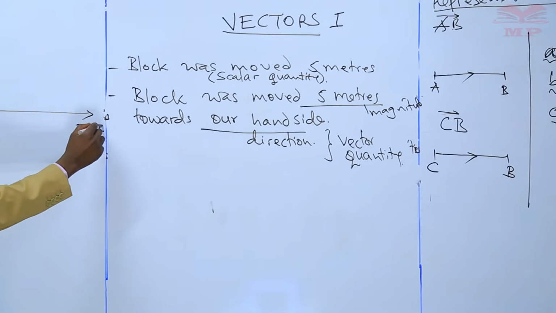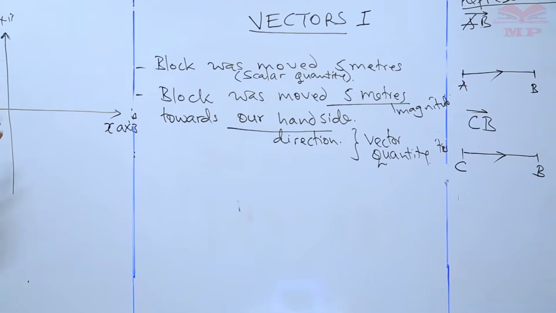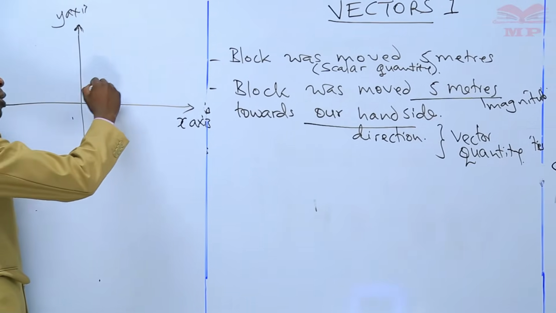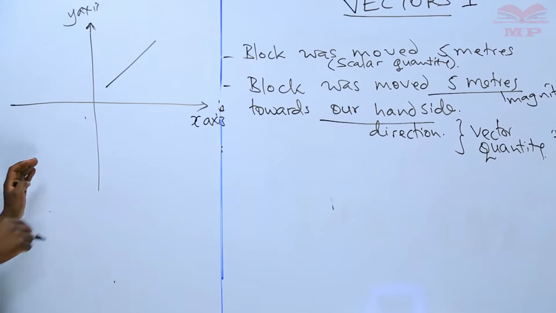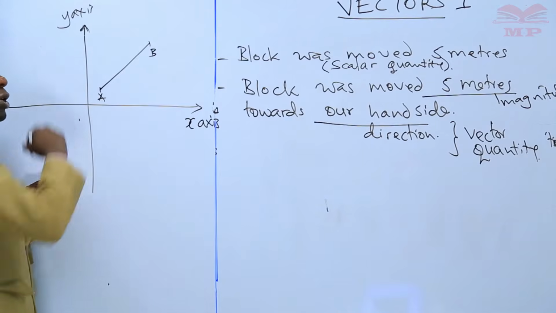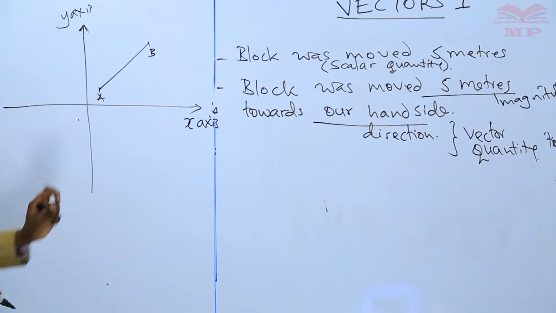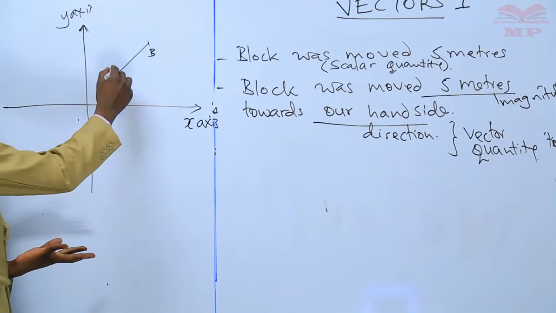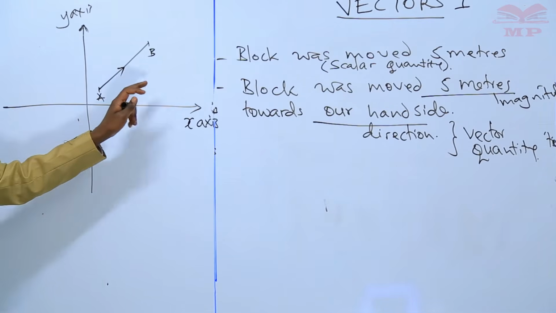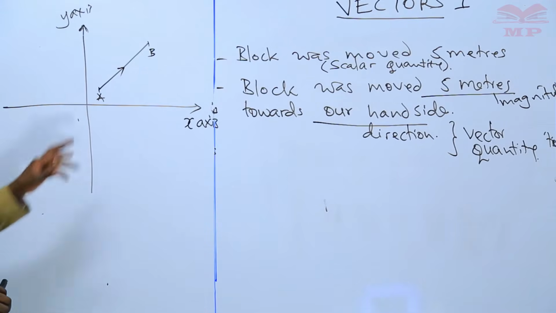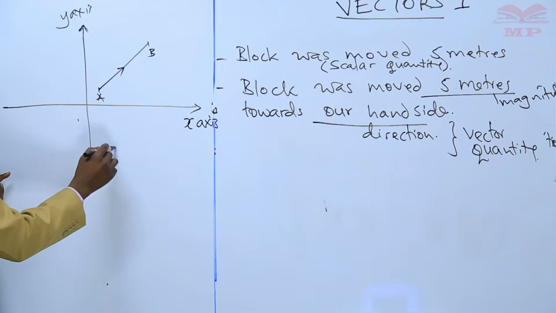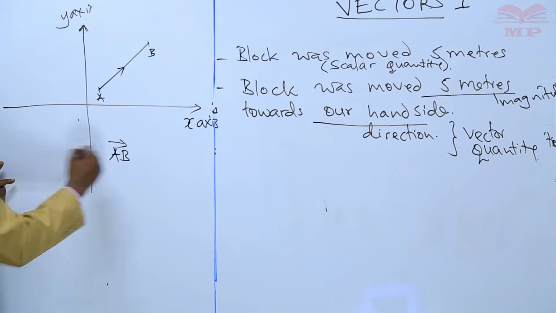This is the x-axis. Now, from here, we can draw any vector that way and call this place point A, and that place point B. We can give it direction, so that is a vector quantity. And now we can decide to give this vector, so you'll say that we want vector AB that way.